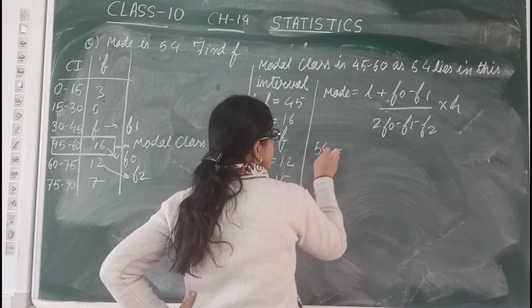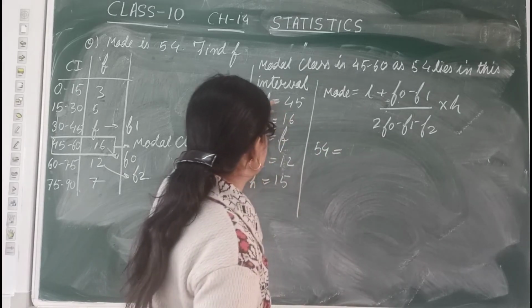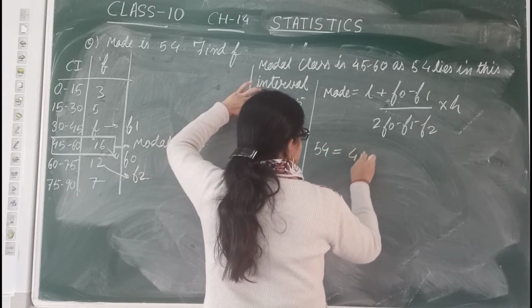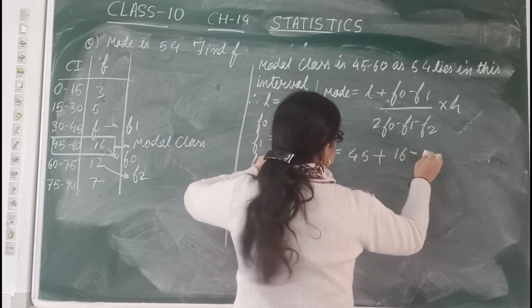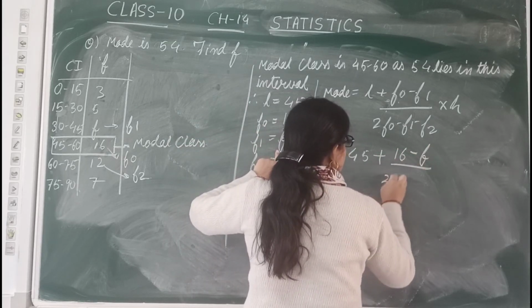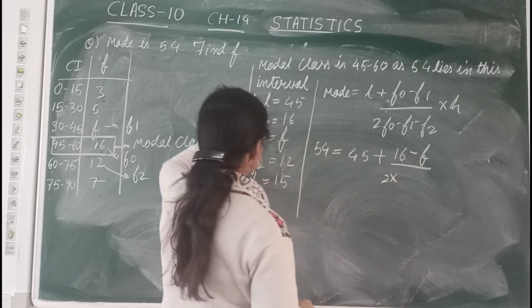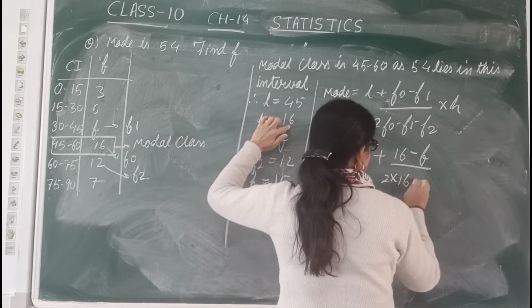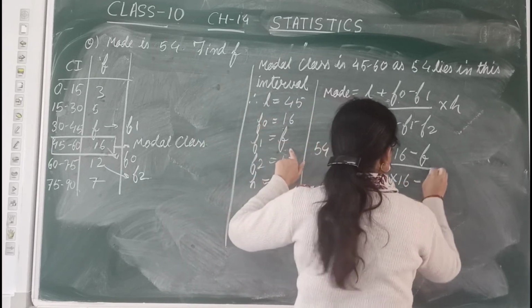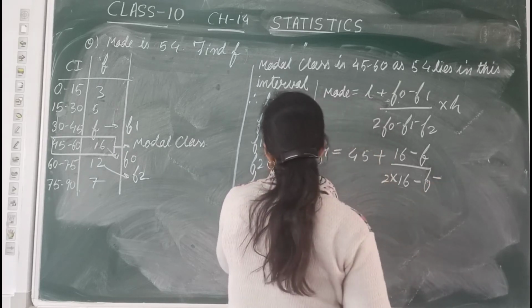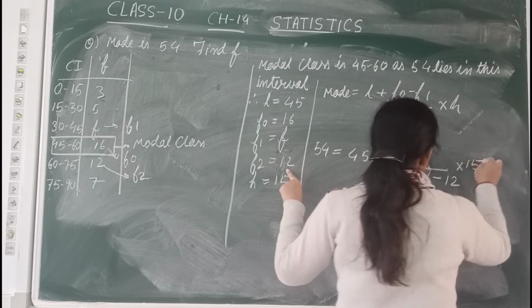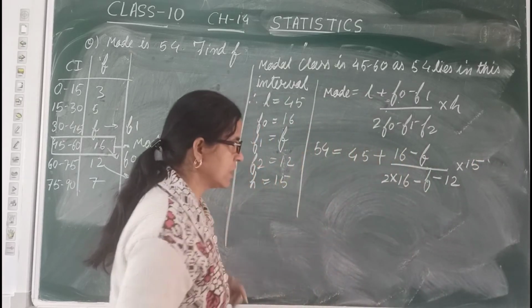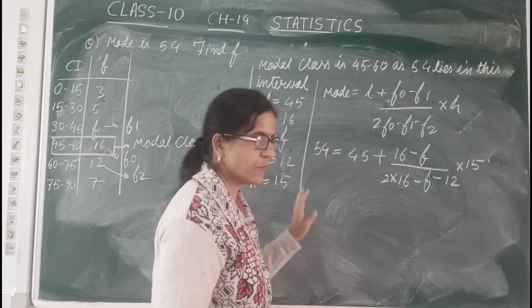So, 54 equals 45 plus F0 is 16 minus F1 is f, by twice into F0, that is 16, minus F1 is f, minus F2 is 12, into h, that is 15. Only this we have to solve now because now it is a linear equation in f.